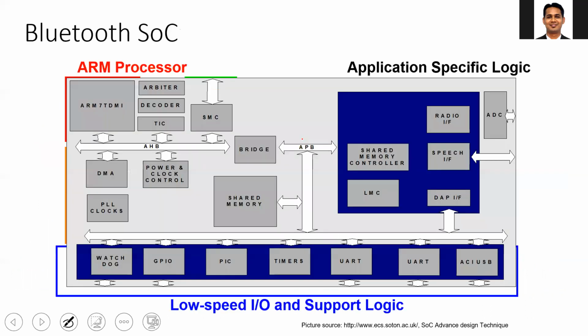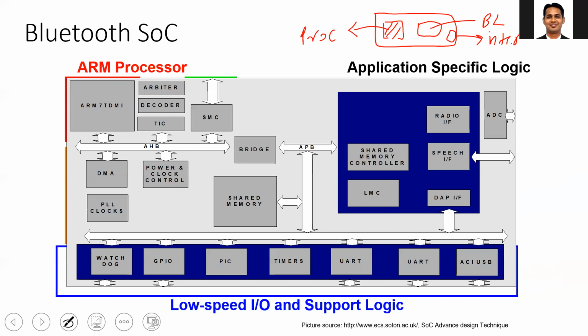For example, take a Bluetooth product. You can develop such a product via system on board or via system on chip. In the case of the system on board, you will have the complete PCB, with one chip for the processor, another chip for the Bluetooth, and maybe another chip for an interface like UART or Ethernet, depending upon your requirement.